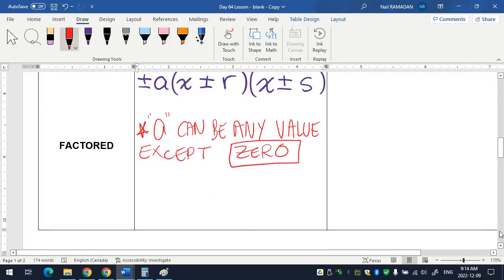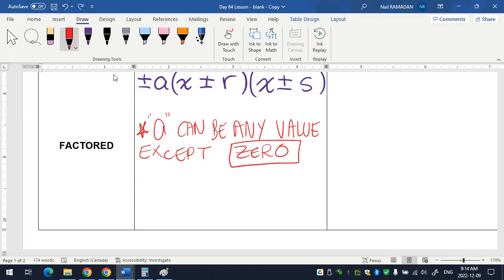Okay, how much freedom did I have with B and C from the first form, from the standard form? They can be anything, including 0. How much freedom do I have with the H and K from the second form? Same thing. How much freedom do you think I have with these R and S in this form? Great.